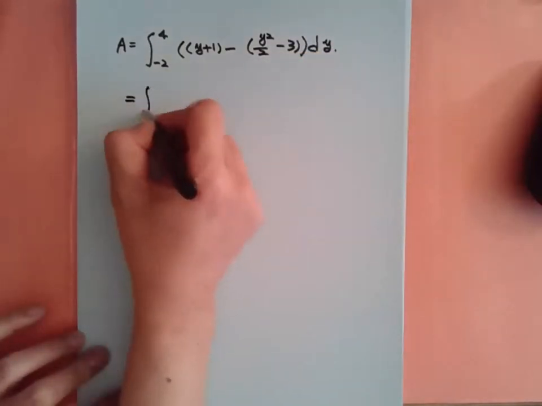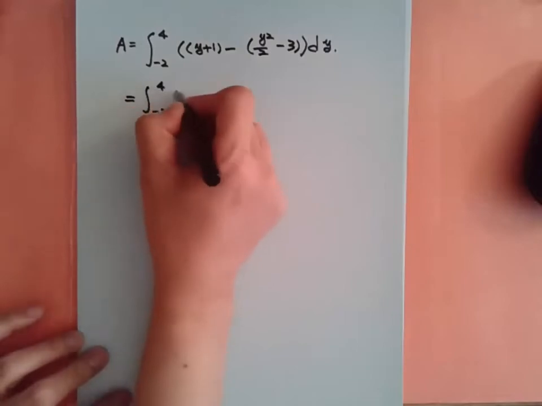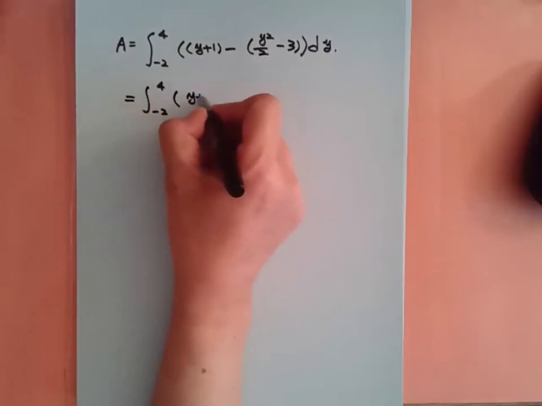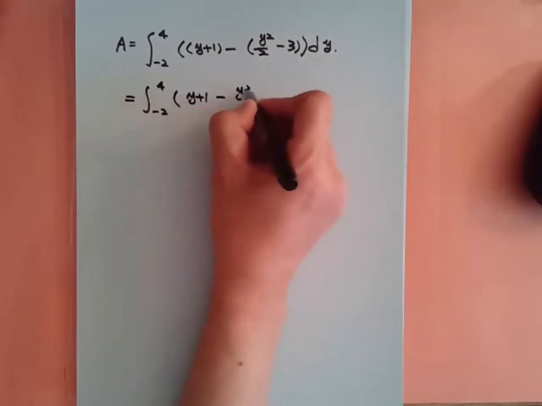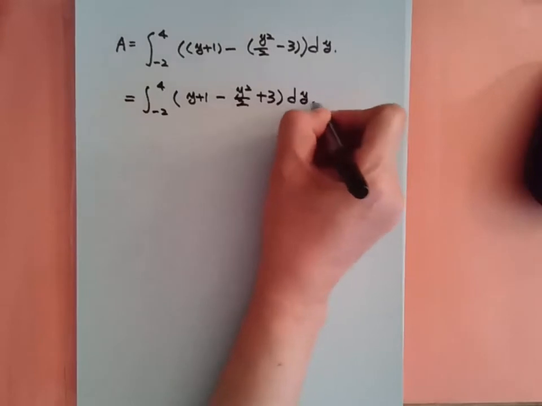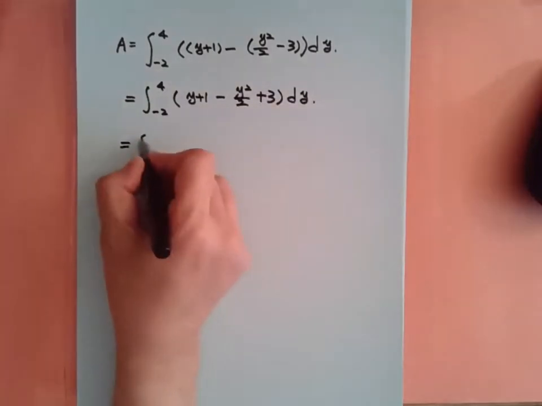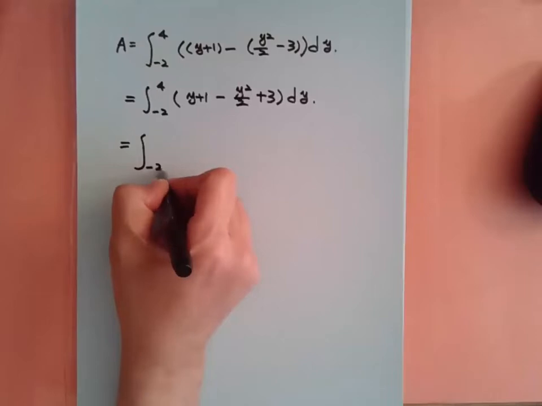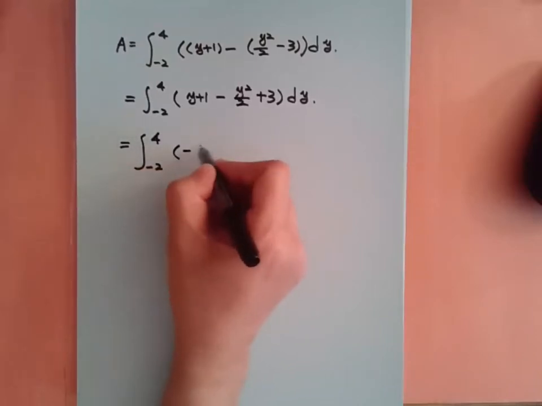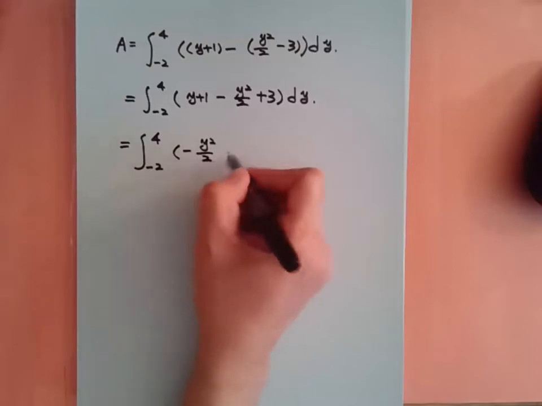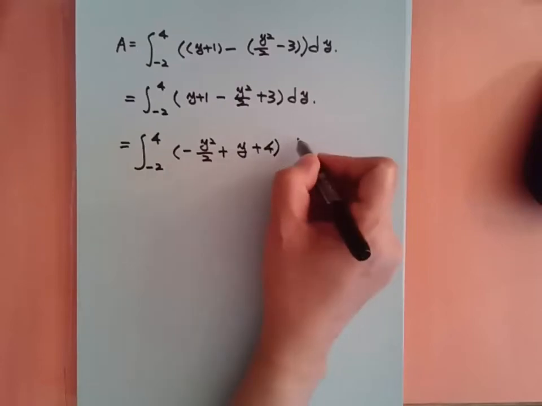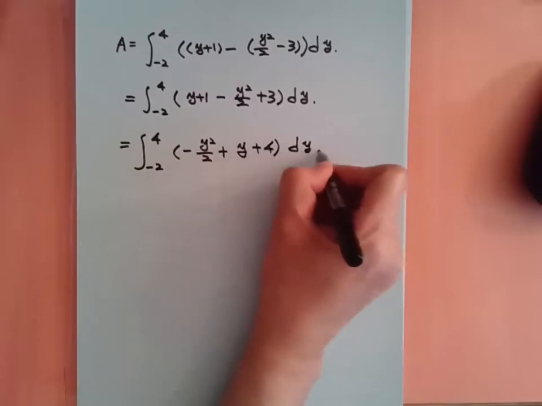So this becomes the integral from minus 2 to 4 of y plus 1 minus y squared over 2 plus 3, dy. That becomes the integral from minus 2 to 4 of minus y squared over 2 plus y plus 4, dy.